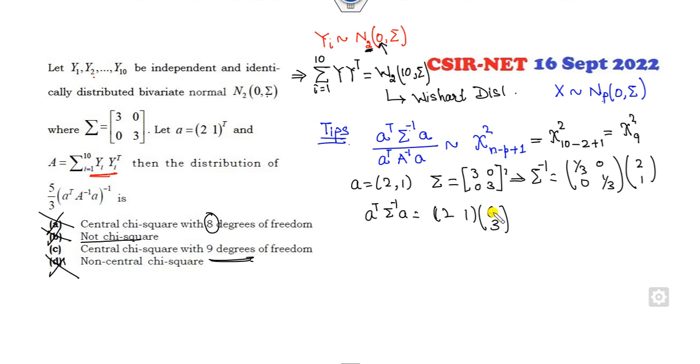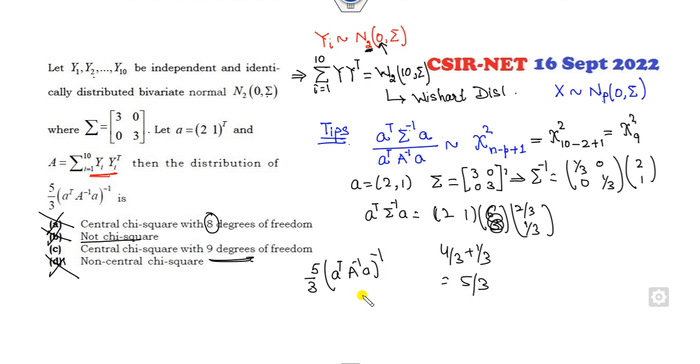So it's 2 over 3 and 1 over 3. So what is that? 4 over 3, so it's 5 over 3 in total. So I can substitute the numerator part as 5 over 3. The denominator part I can write as A inverse, and it follows the chi-square of 9. So the right answer is C, my correct option.